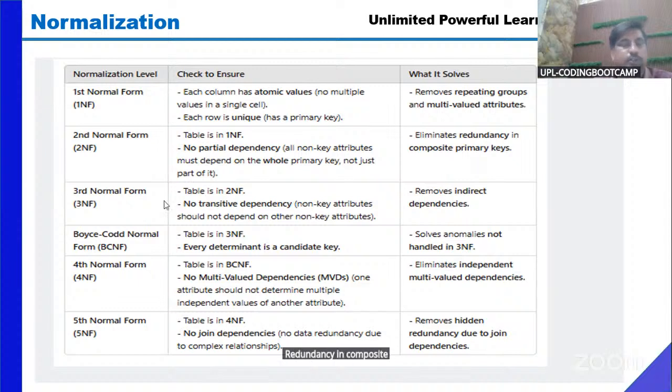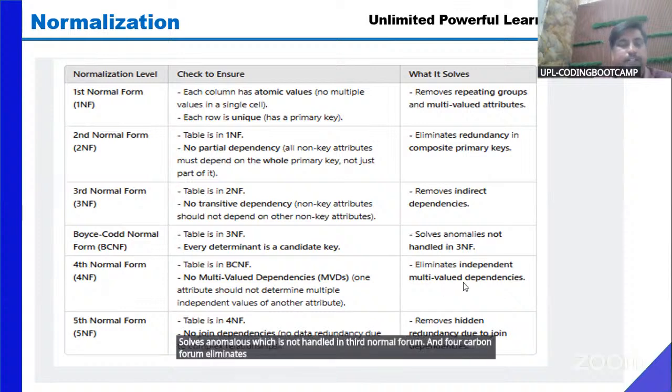Third normal form removes indirect dependencies. Boyce-Codd normal form solves anomalies not handled in third normal form. Fourth normal form eliminates multi-valued dependencies. And fifth deals with hidden redundancy due to join dependency, which we verify. So these are the different normal forms.